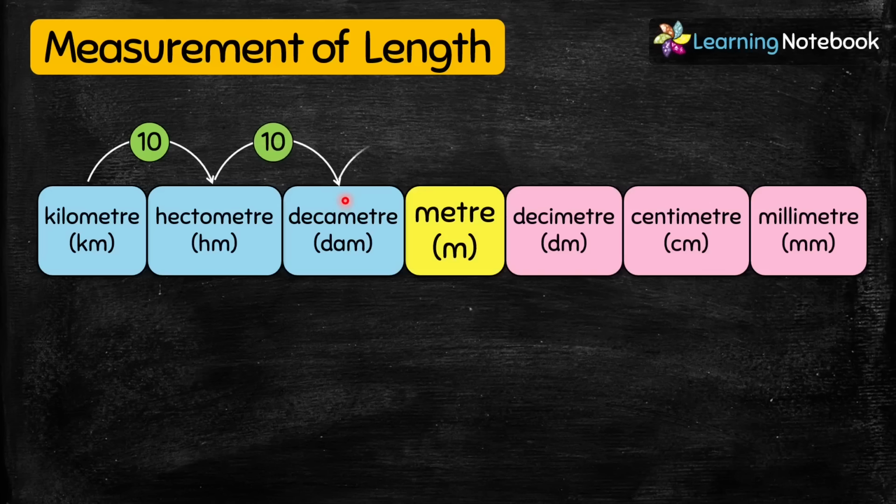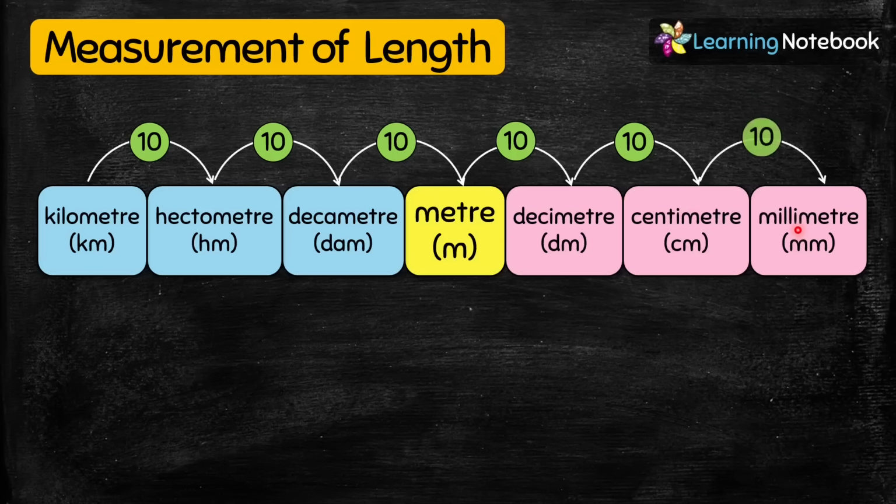And in the same way, we will keep on multiplying by 10. Again students, if I have to convert centimeter into millimeter, then also I will multiply it by 10.